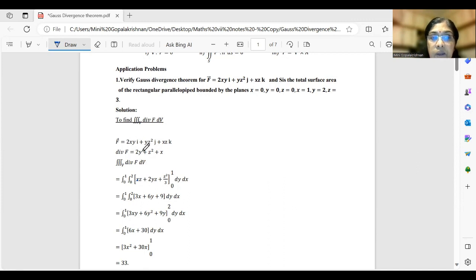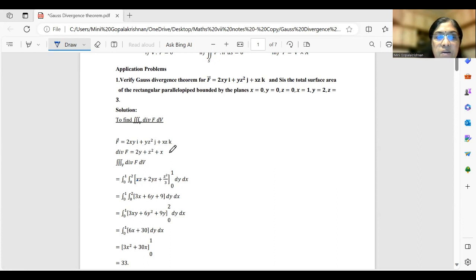Divergence of f will be the derivative of the i term with respect to x, the derivative of the j term with respect to y, and the derivative of the k term with respect to z.